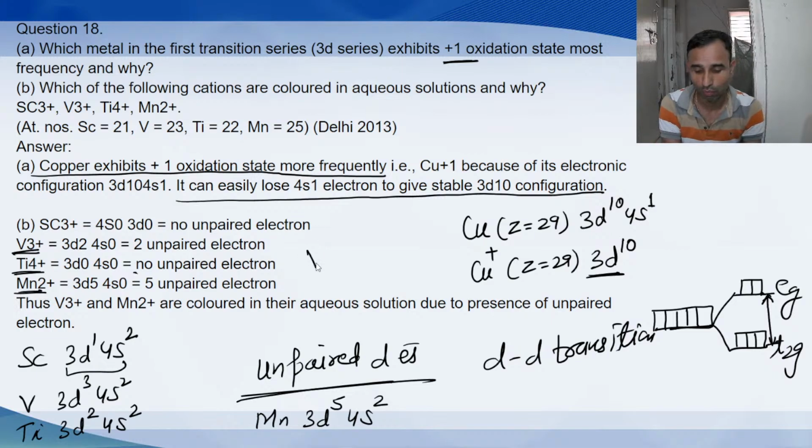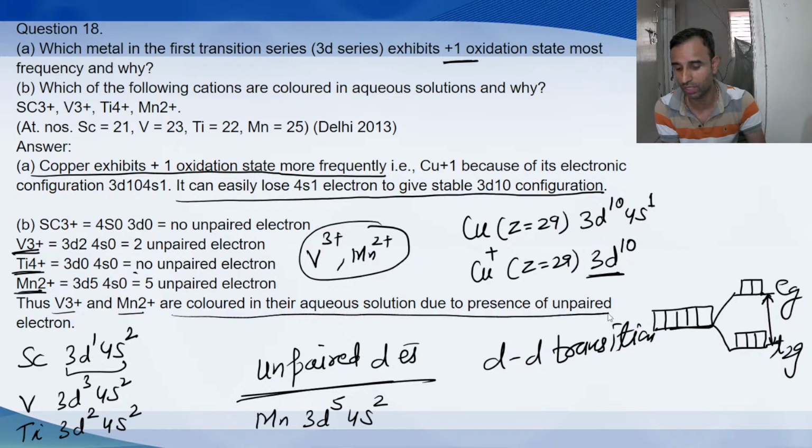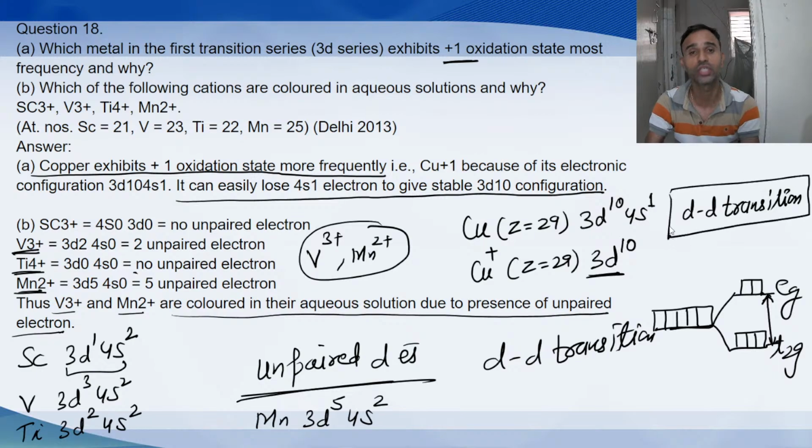That means vanadium 3 plus and Mn2 plus have unpaired electrons, that's why they are colored. See, vanadium 3 plus and Mn2 plus are colored in their aqueous solution due to the presence of unpaired electrons, because they can undergo d-d transition.